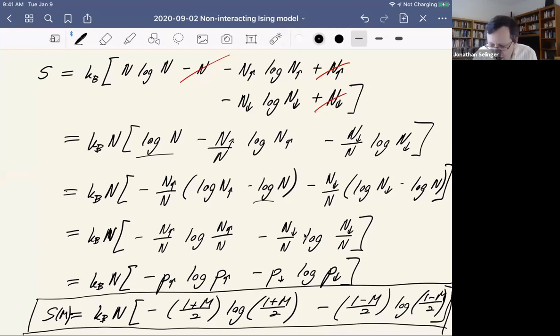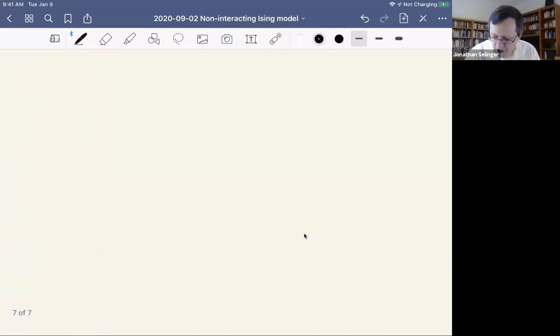Now, there's one other piece which I can also describe here, and that is the regular energy, the energy associated with all the states with this magnetic order parameter m.